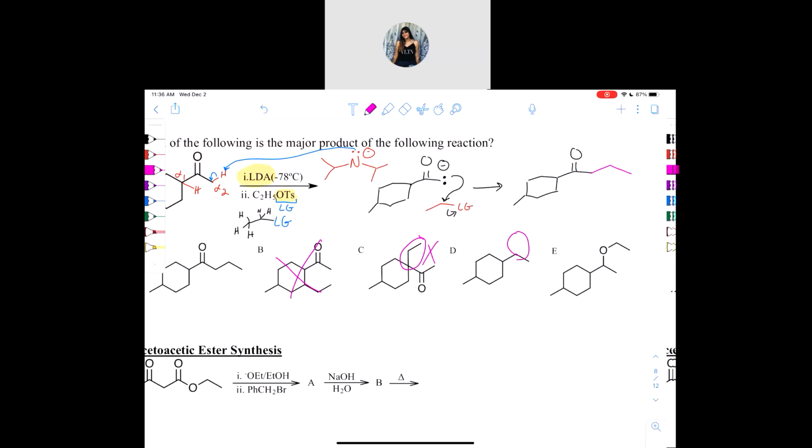For D, it just completely got rid of the whole carbonyl and it didn't add anything. So we know that's wrong. And then here, what kind of product is this? Or what does it almost look like they tried to do?